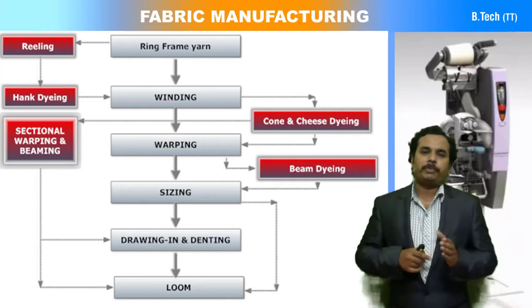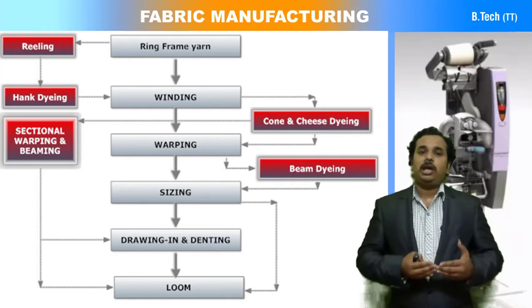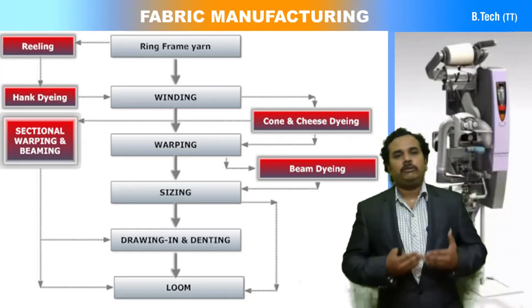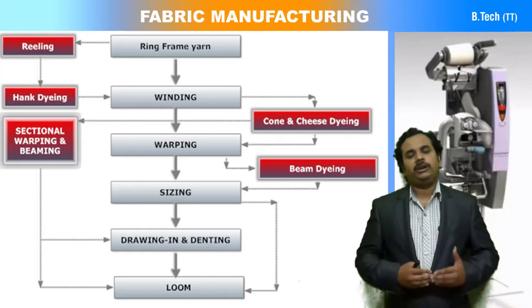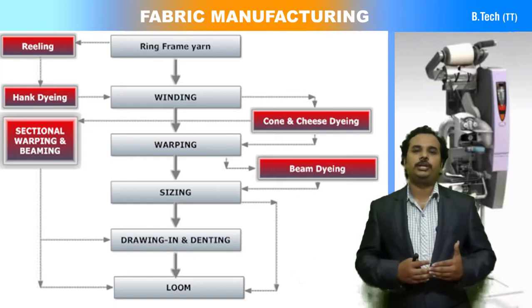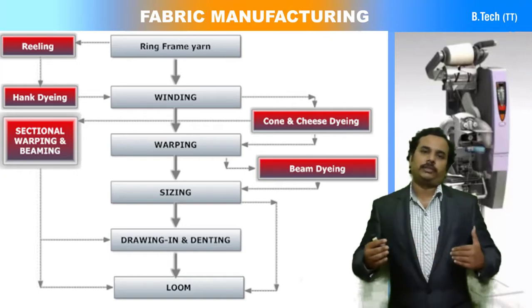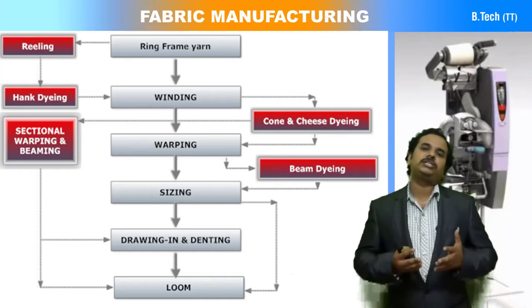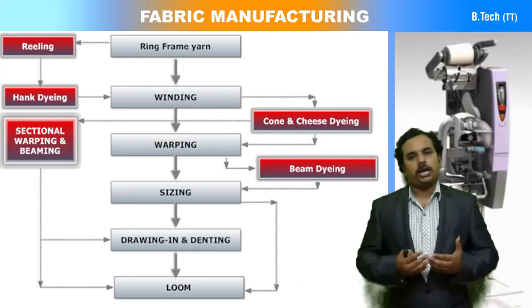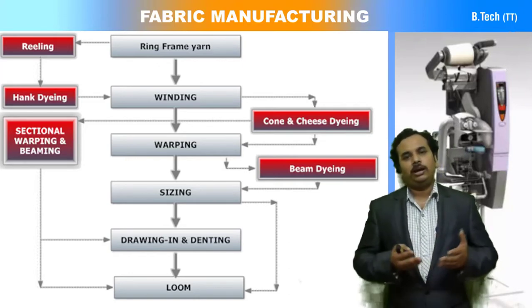In warp preparation, the winding machine is the first machine. After the winding machine we have a warping machine, where the individual threads are converted into a sheet of warp of continuous length, consisting of a number of threads and having a certain length depending upon the requirement of the fabric.